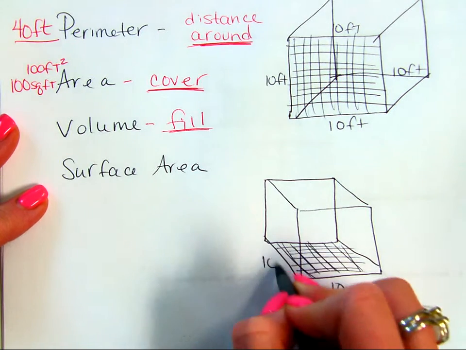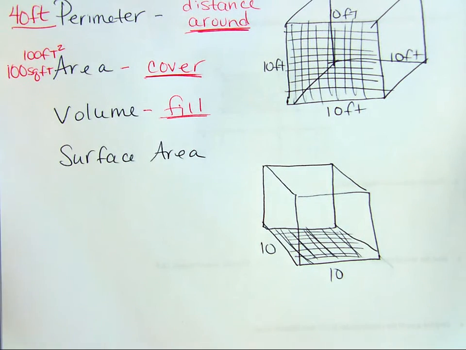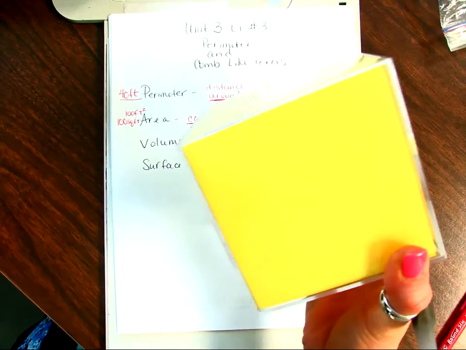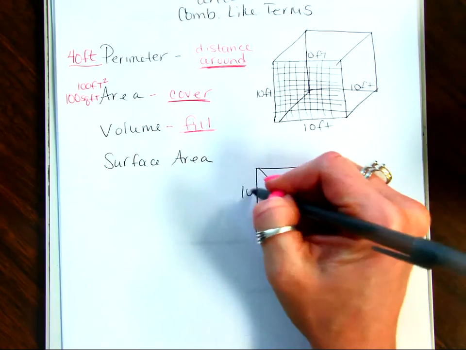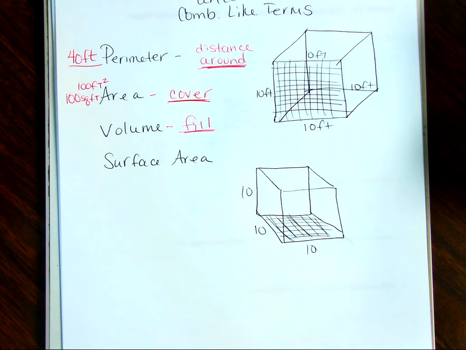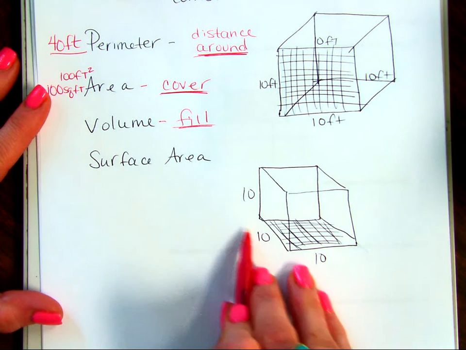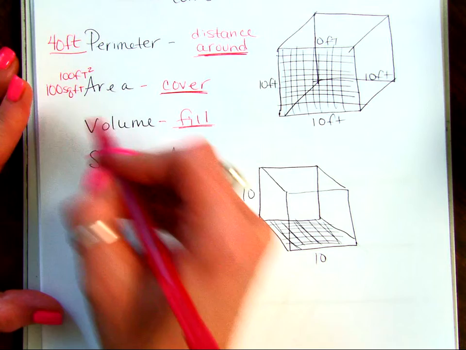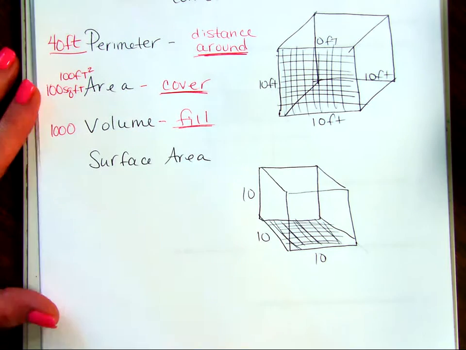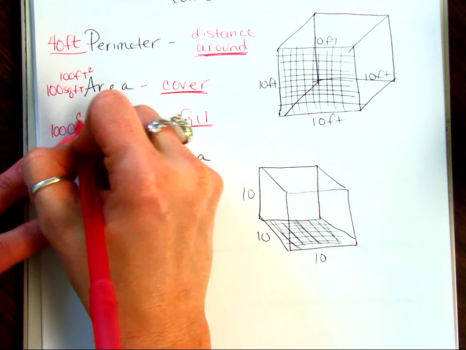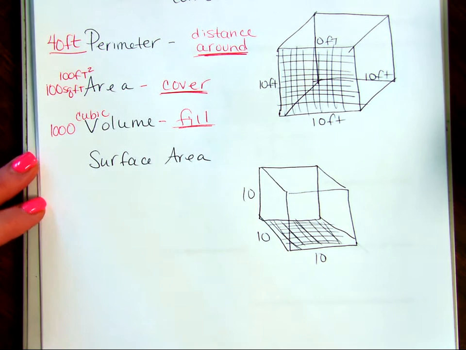So it's a 10 by 10, and for the sake of working with easy numbers, and because I have this nice cube right here, I'm also going to make it 10. So I basically have a 10 by 10 by 10 cube cut out in my backyard filled with water. That's pretty awesome, right? So now, how much would it take to fill that? Length times width times height. So it's going to take 1,000 cubic units to fill it. We call that cubic, because volume is cubed.